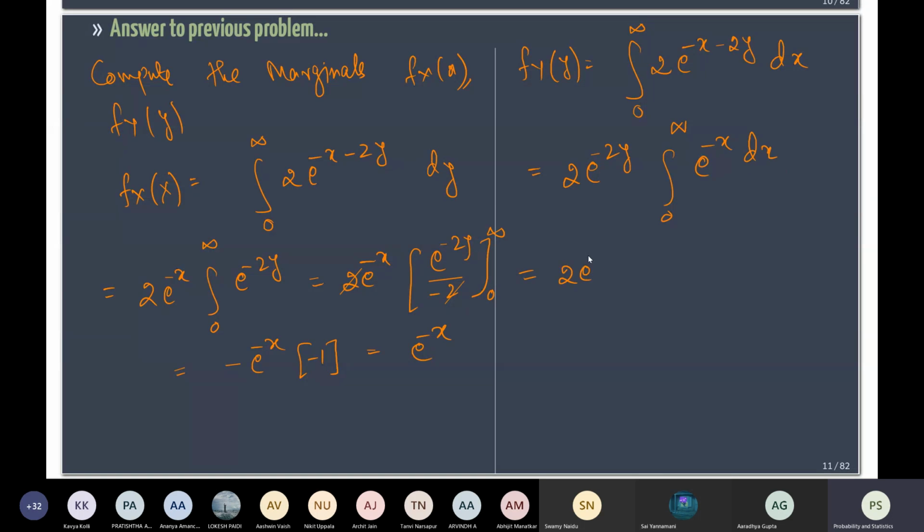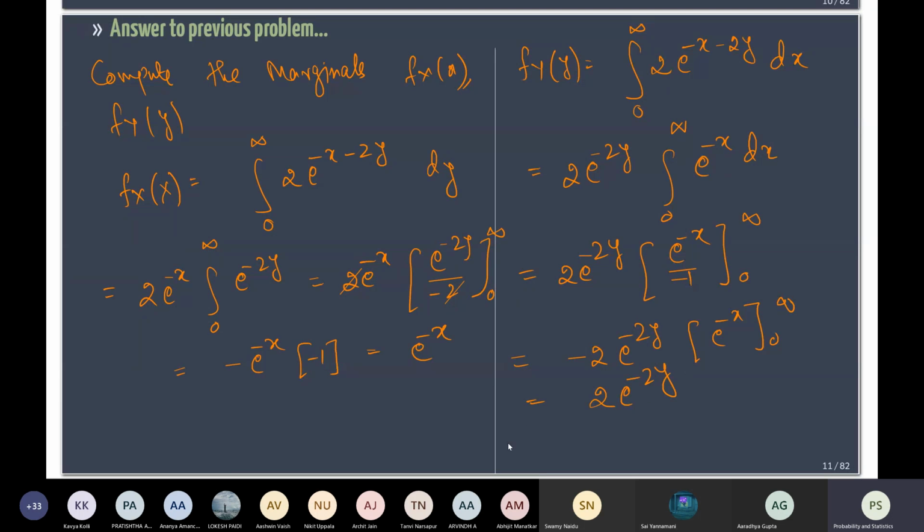The integration gives minus e to the minus x from 0 to infinity, so again minus 1, and this is 2e to the minus 2y.